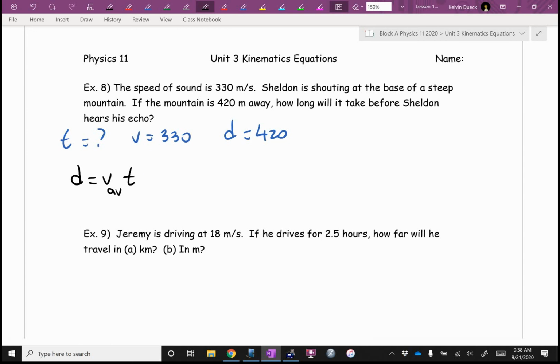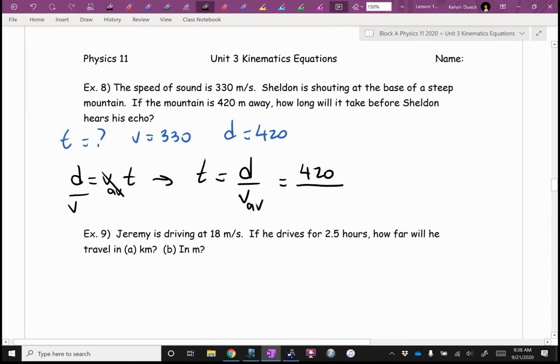So you're telling me that I would go that? So I'll have this. T equals D over V av. Yeah. New equation. I'm not going to memorize it. I can derive it. 420 divided by 330, which is what?